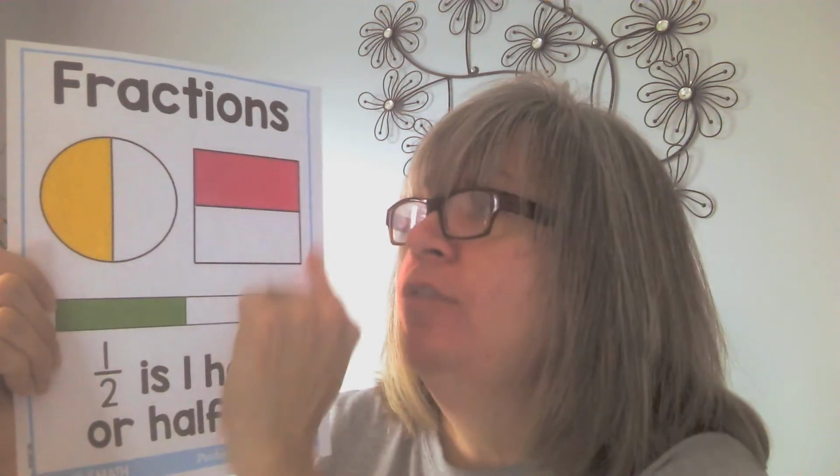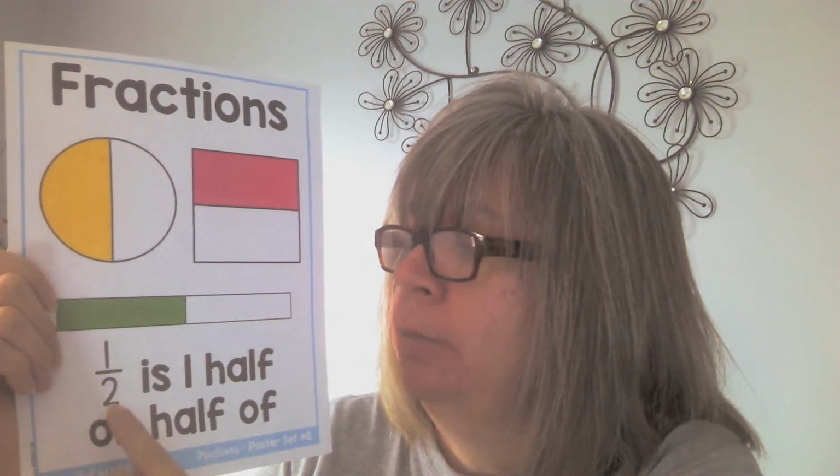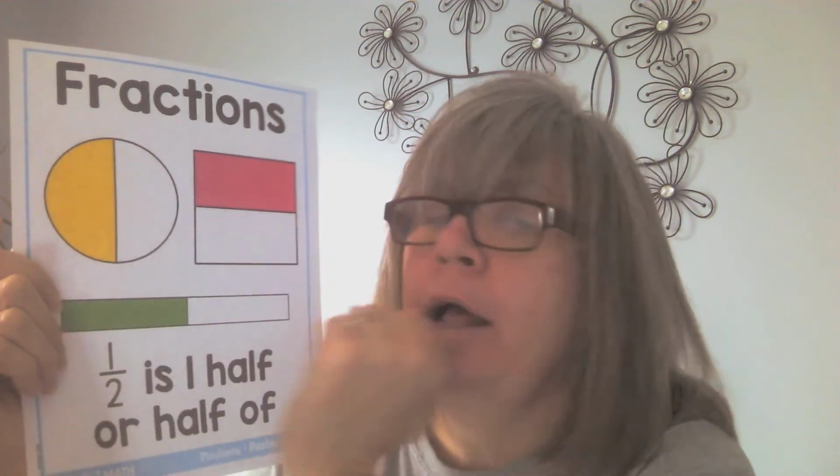Here, half of the circle is pink. And here, half of the rectangle is green. What does that mean? It means that each of these shapes was divided into 2 parts. That's the 2 on the bottom. But only one of them got colored. So we say half. Half of the shape got colored. Okay, another fraction that we're going to talk a lot about is this one.